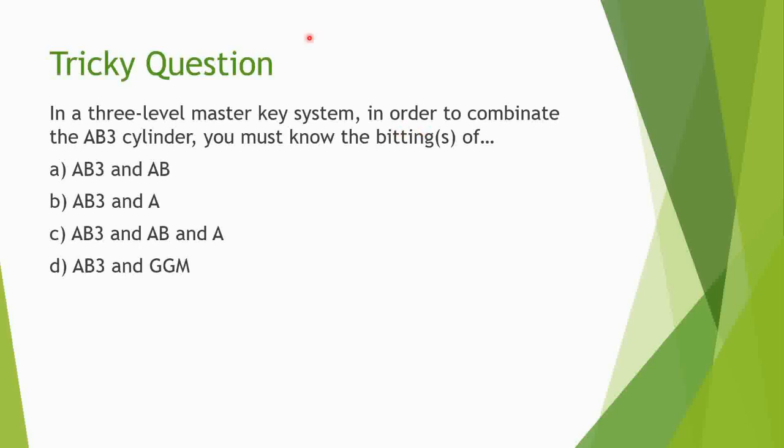This is a tricky question. It looks easy, but we know it isn't so simple. In a 3-level system, to combine the AB3 cylinder, do you need to know the bidding of the AB key?